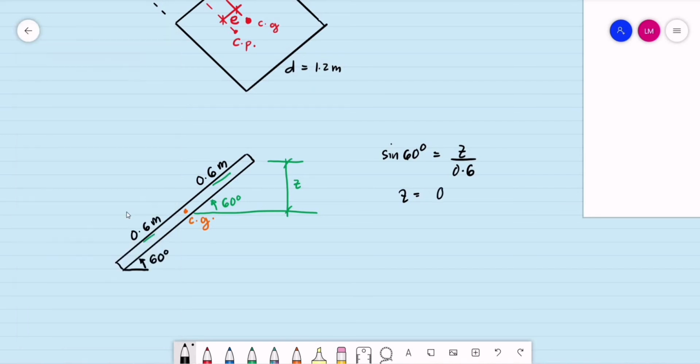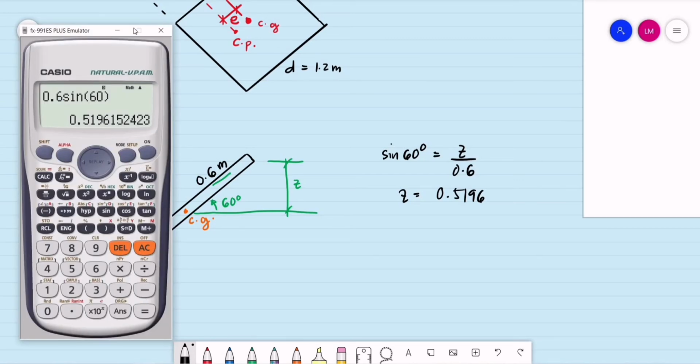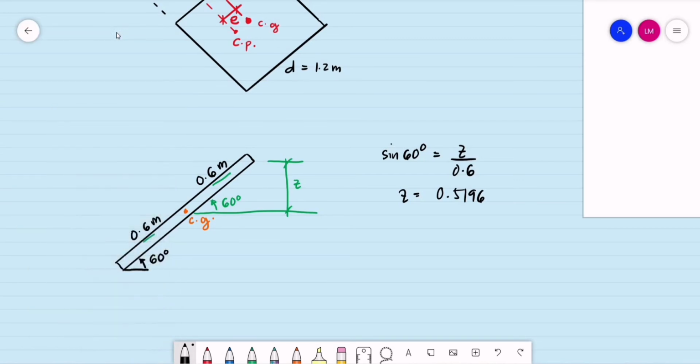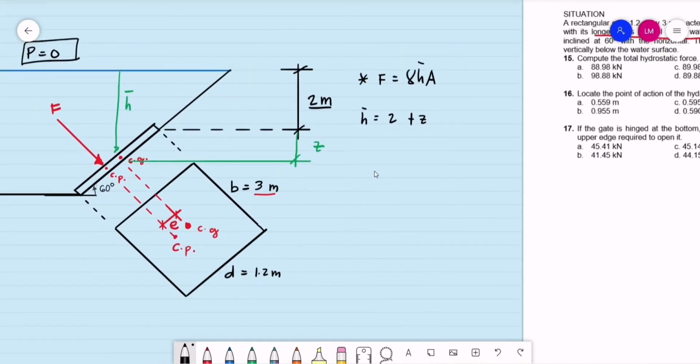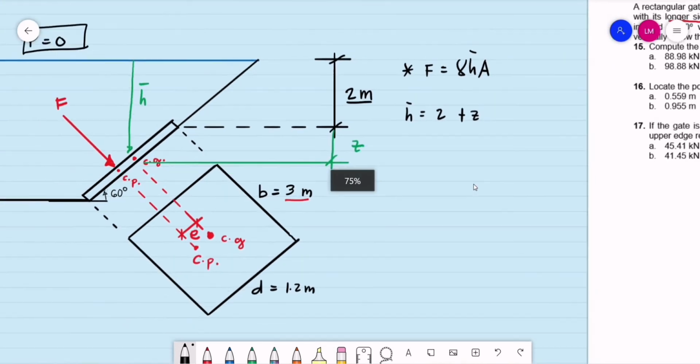Okay, so lagyan na natin 0.5196 meter. So, yung equivalent ng bar H, okay, this is for question number 15.